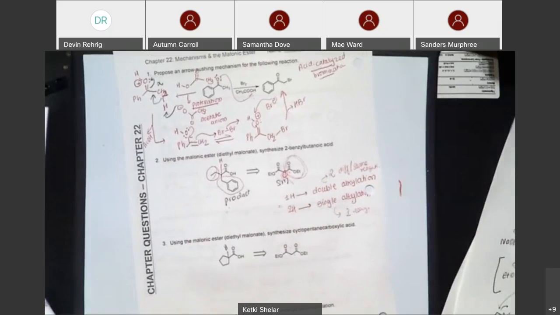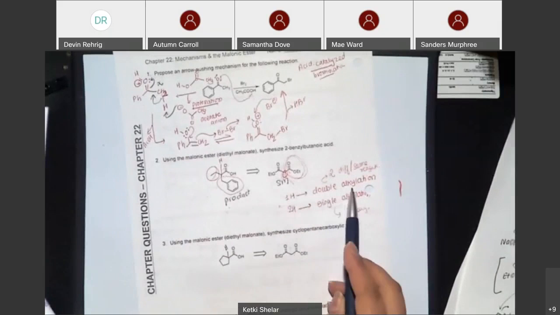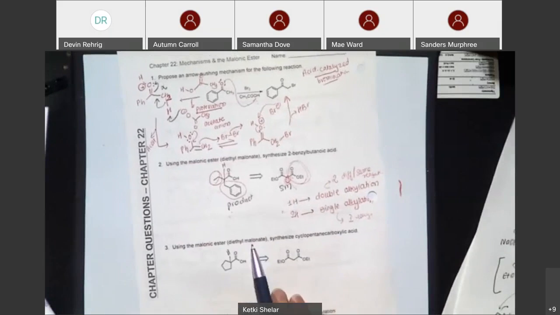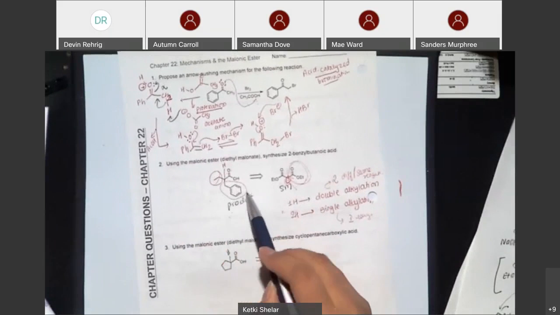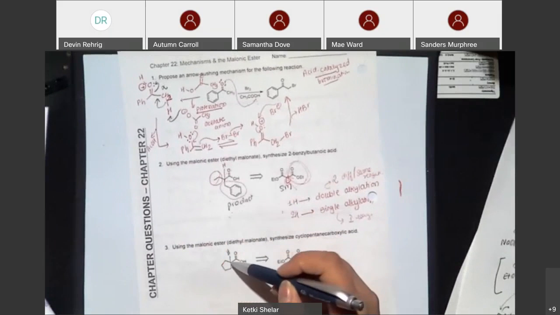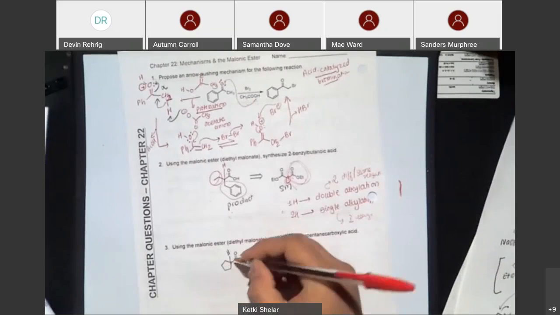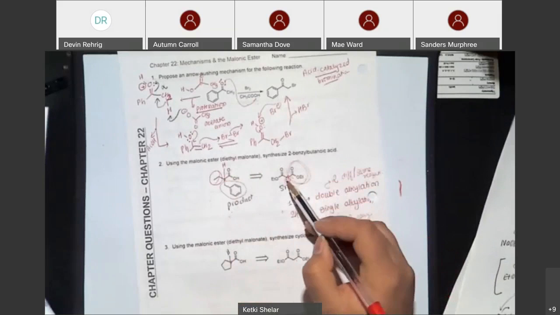So coming to the next question. Here there is one hydrogen. And one hydrogen means what? One hydrogen, double alkylation. So let's see what the substitution is. Here, there were two different substitutions. But here, it's a cyclic ring, right? And this carbon, as we said before, belongs to this.